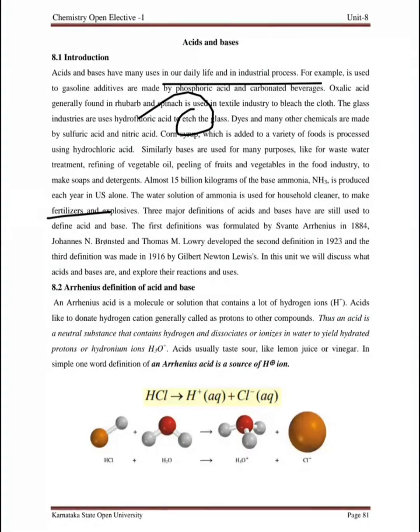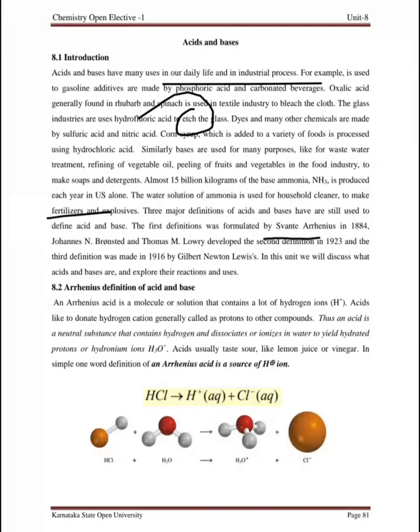Three major different types of acid-base concepts are still used. The first definition of acid and base was given by Svante Arrhenius. There are three different concepts for acid and base.